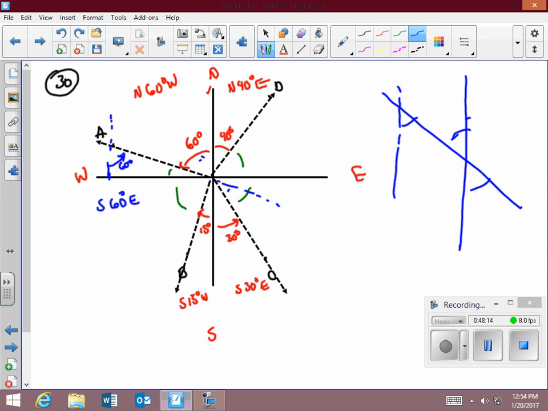I might give you the 40 degree angle down here, and then say, what is this bearing out to that? Well, then you'd have to subtract that from 90 to get 60, and then do it. You understand? Okay. So you want to look at those things and kind of have a figure.